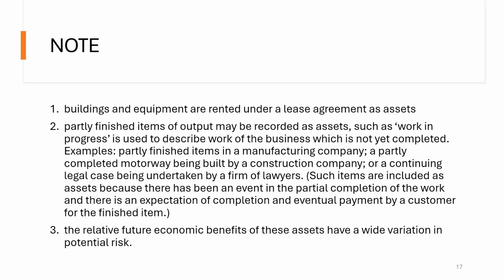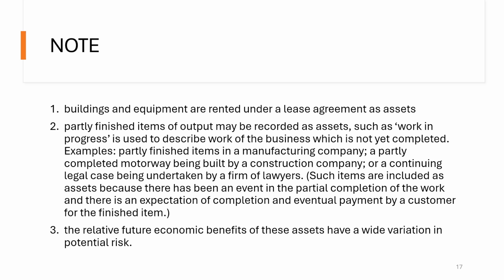There are some special points that students need to pay attention to. Buildings and equipment rented under a lease agreement are assets. Partly finished items of output may be recorded as assets, such as work in progress. It's used to describe work of the business which is not yet completed. Examples are partly finished items in a manufacturing company, a partly completed motorway being built by a construction company, or a continuing legal case being undertaken by a firm.